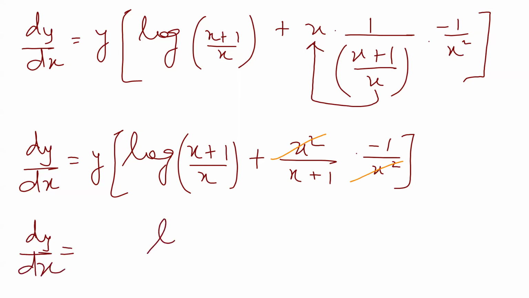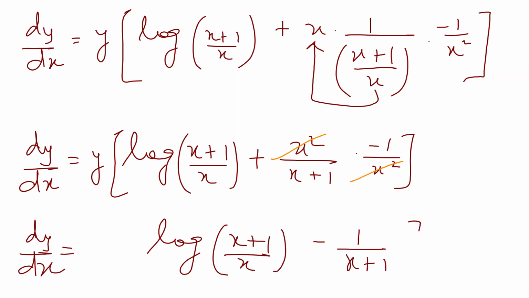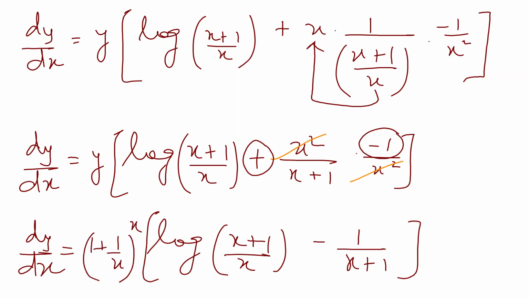Dy by dx is y times log of 1 plus 1 upon x minus 1 upon x plus 1, plus into minus is minus. And y is 1 plus 1 upon x raised to x. Have you understood this?